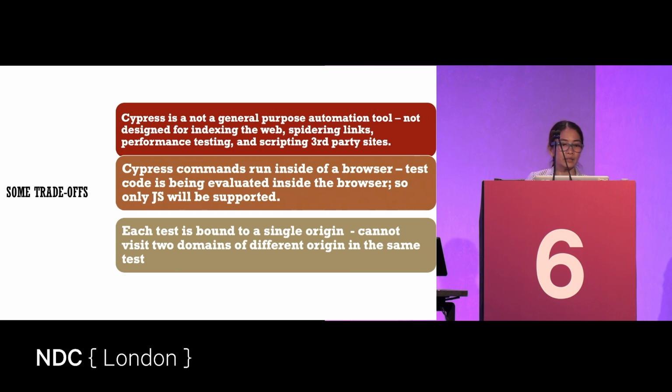And the next limitation is that you can't test multiple tabs or multiple browser windows at the same time. The main reason Cypress doesn't allow that is because they believe there's really no good reason you should ever need to test multiple tabs or browsers in the same test.